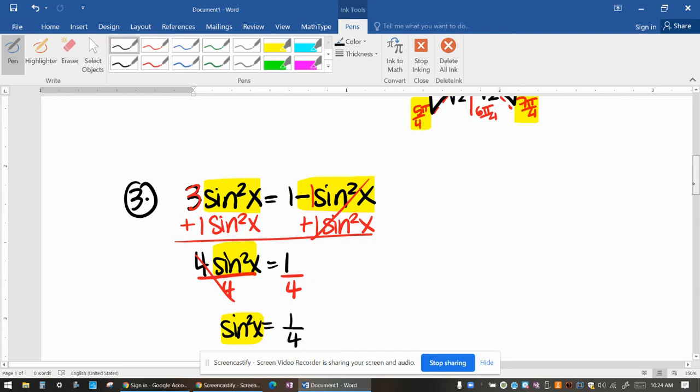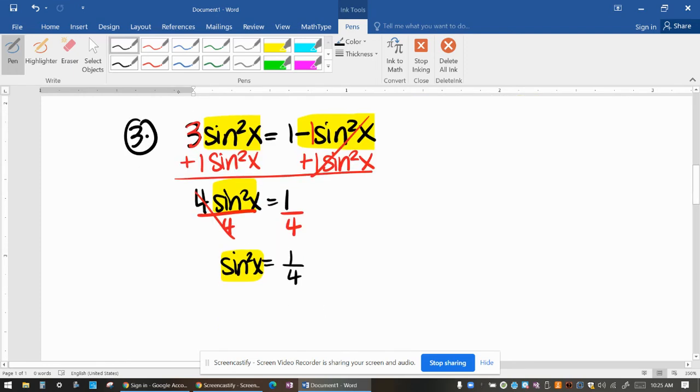So you see, very similar to the previous problem that we did, where you're going to square root both sides, and you're going to end up with plus or minus 1/2. But this time it's sine and not cosine.